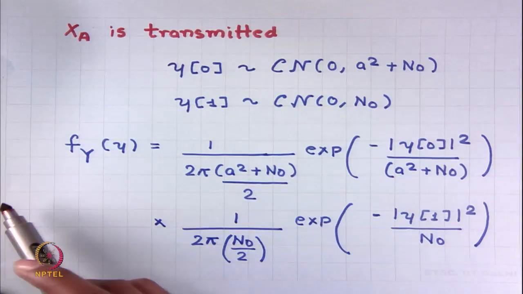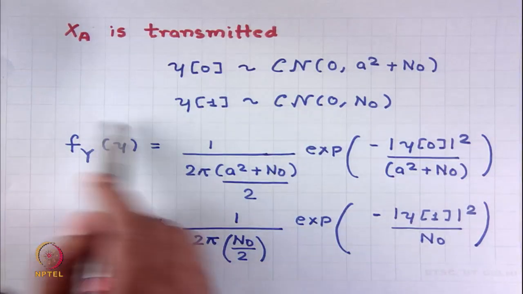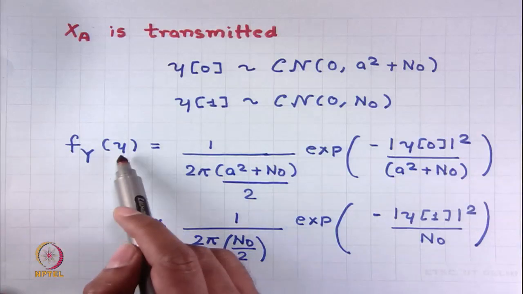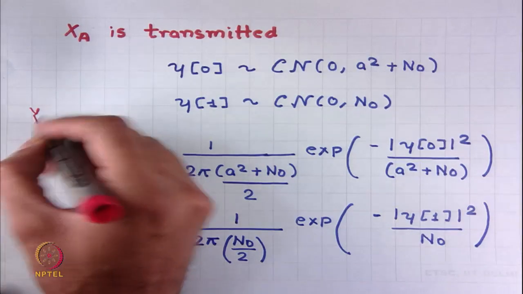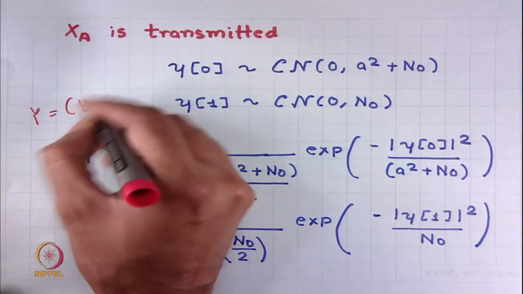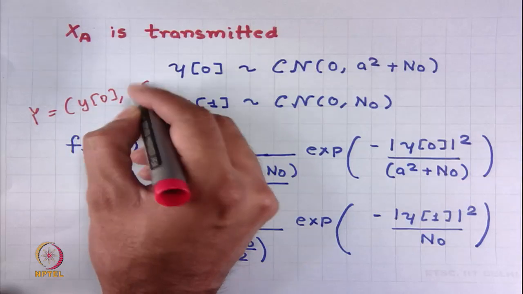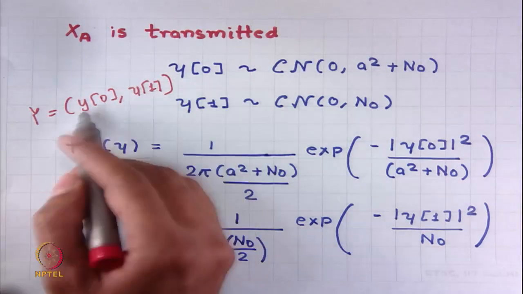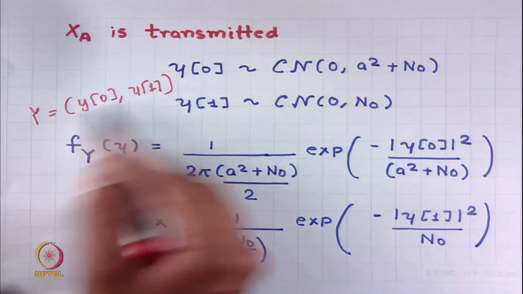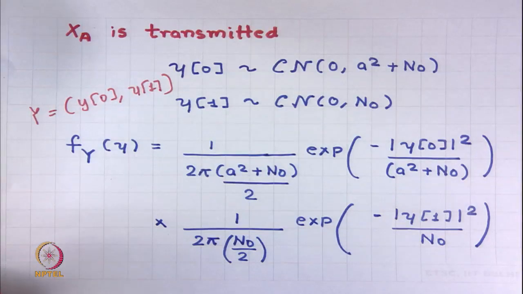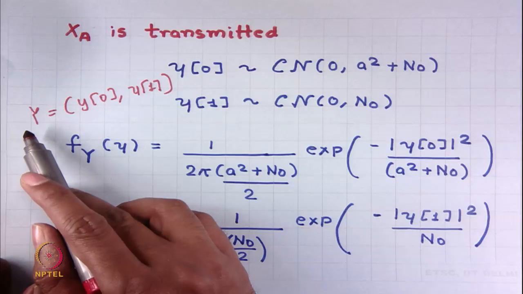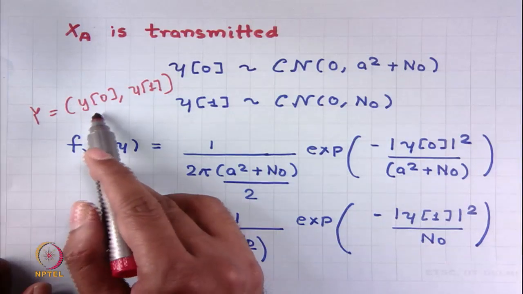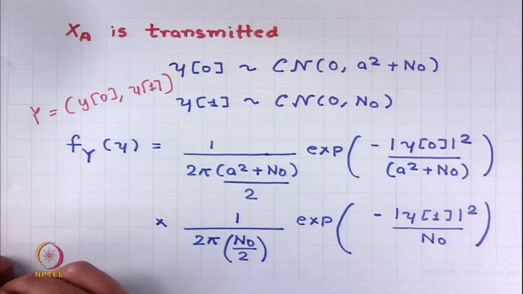So, from this we can derive the probability density function of Y, which is defined to be composed of Y0 and Y1, and these two received numbers are also independent, and thus the PDF of Y can simply be obtained by multiplying the marginal PDF of Y0 and Y1.